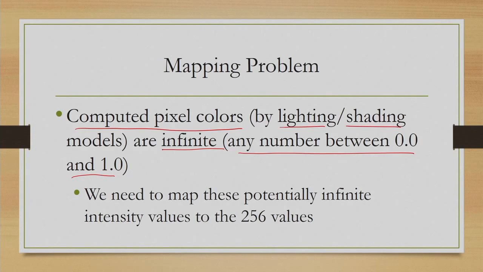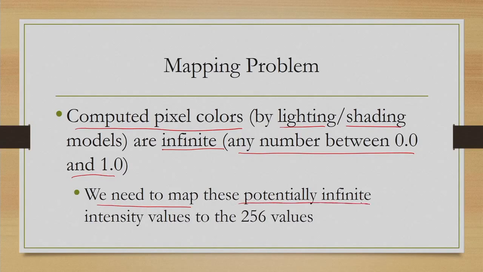So, on the one hand we have values that can be anything, a real value between 0 to 1, which we get by applying the lighting or shading models, and on the other hand, due to the particular hardware design, we can represent at most a restricted number of values for each pixel location. In our example, it is 256 values.